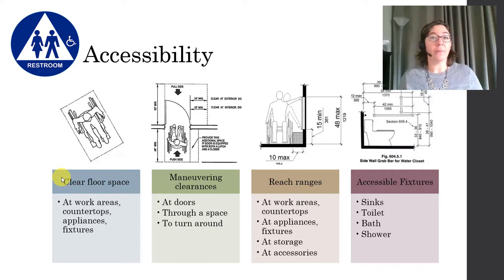Reach ranges are important at work areas, countertops, appliances, fixtures, storage, accessories. This is particularly important at sink areas. And finally, accessible fixtures. There are many, many regulations that have to do specifically with sinks, toilets, baths, and showers.